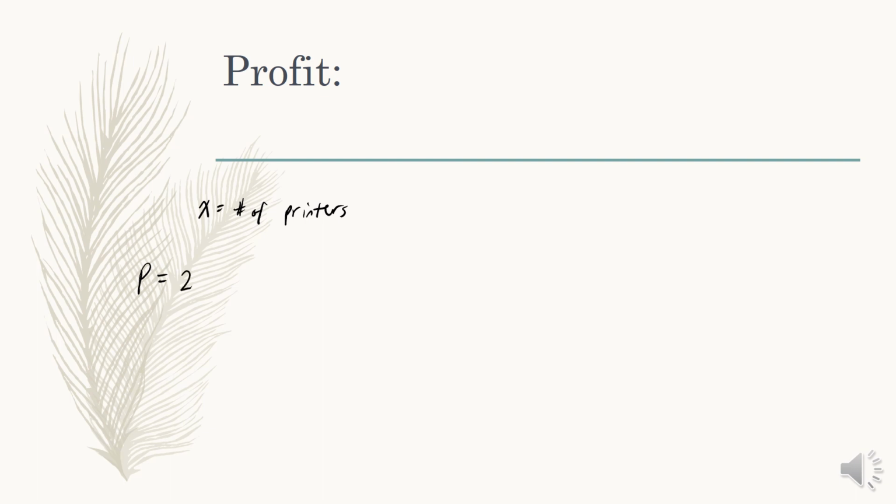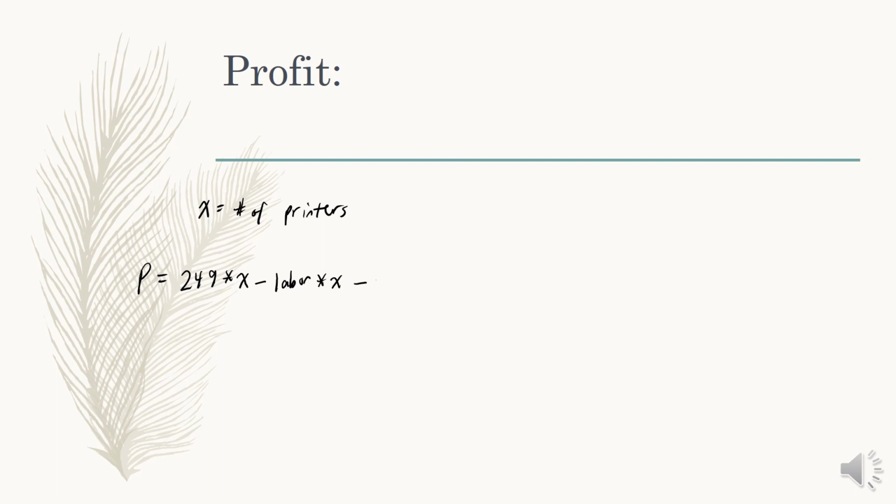We know that the price per printer is $249. So the money that we're going to have coming in is 249 times X. But then we're going to have to subtract off the labor cost per printer, so labor times X. Again, we don't know what the labor is going to be.